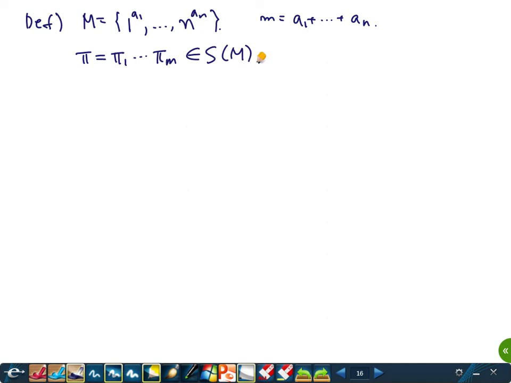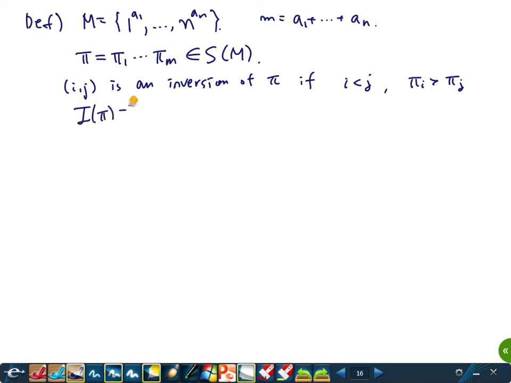This is a permutation of these letters. And we can also define the inversion of this. So (i, j) is an inversion of pi if i is less than j and pi i is greater than pi j. And I(pi) is the number of inversions of pi.